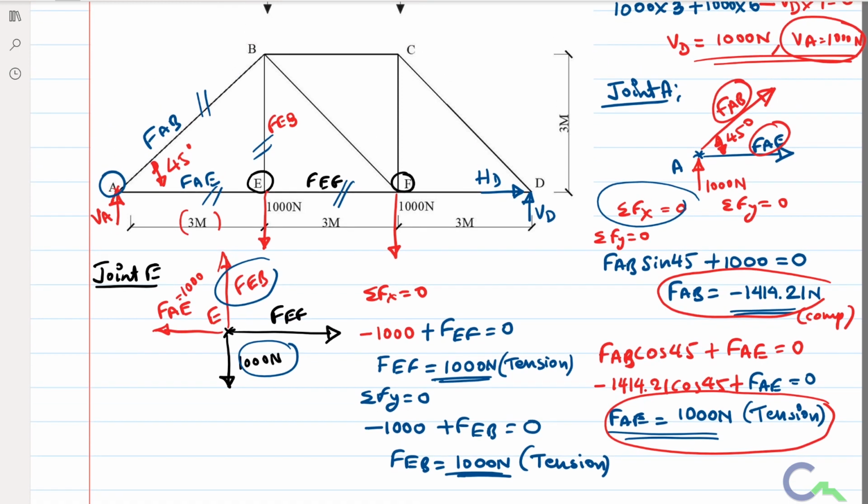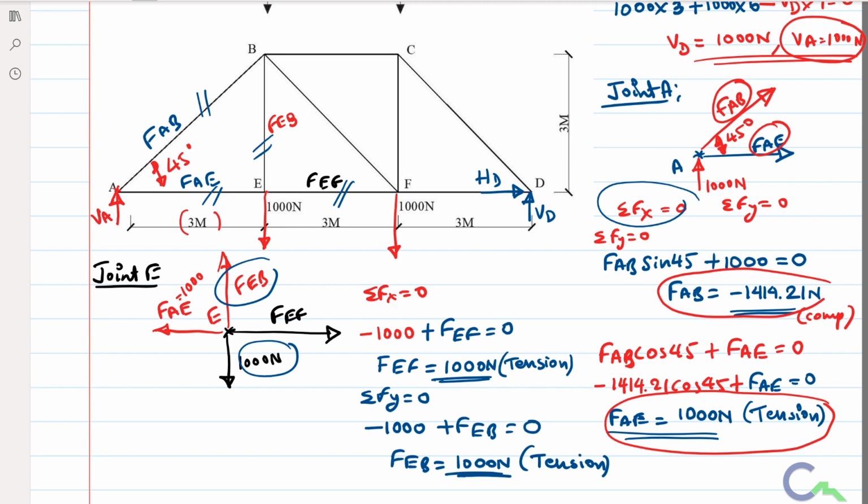So now I have to see the next joint. So if I go to joint F, we will get three unknowns, that is FD, FB and FC. So I will go to joint B, where FBE is already completed, FAB is already completed, so remaining is FBC and FBF.